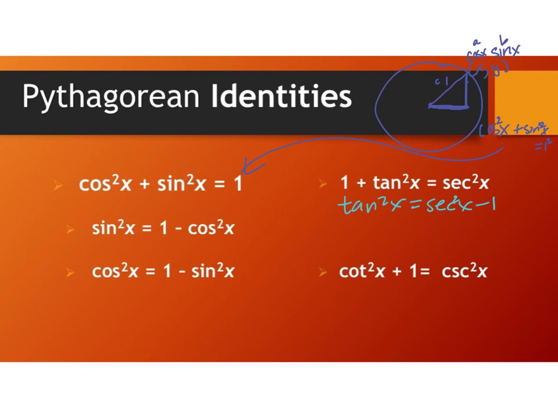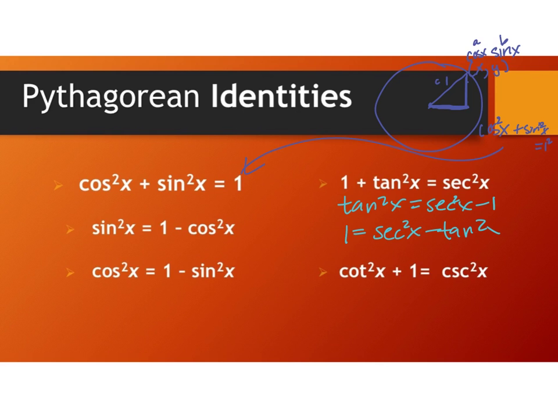Or we can have our two trig functions on the same side. I can subtract tangent squared of x from both sides, leaving me with 1 equals secant squared of x minus tangent squared of x. And the same thing applies with this bottom one here. I can solve this for cotangent, which means I would have to subtract the 1.